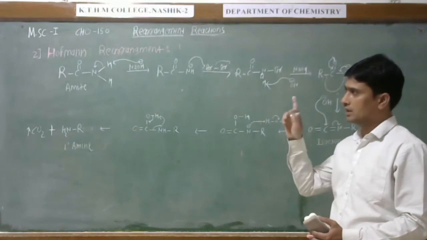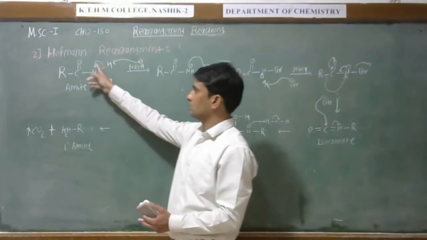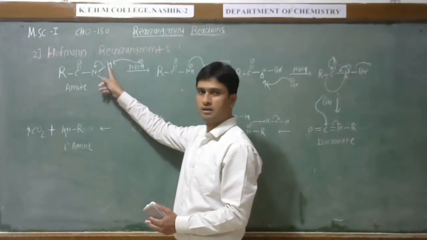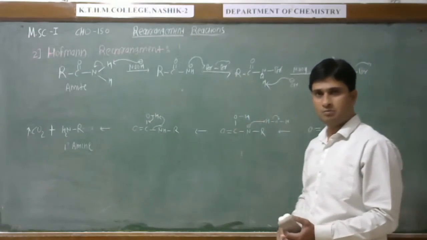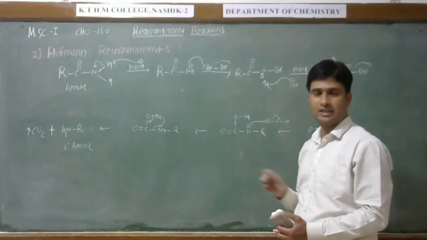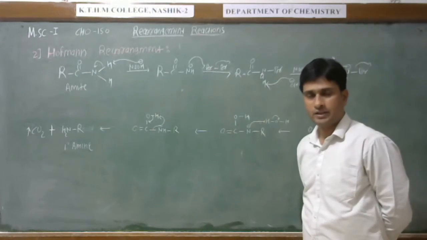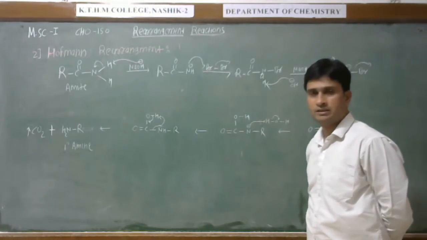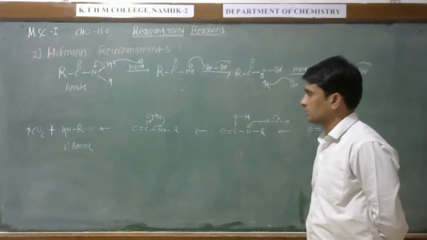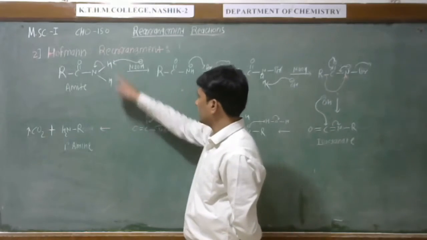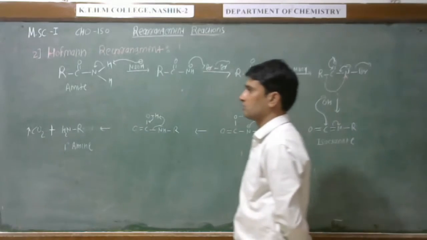But which amide do you take here? You can observe that we take the unsubstituted amide. When we take an N-monosubstituted amide or N-disubstituted amide, for example N-methyl amide or N,N-dimethyl amide, then this reaction does not work, because you can see both these hydrogens will be absorbed by the base here.